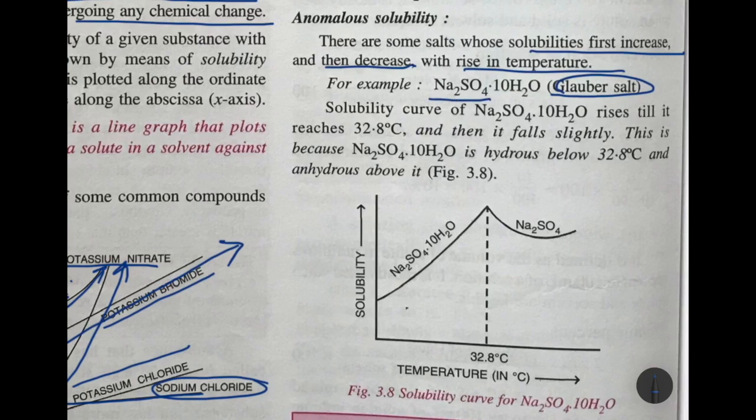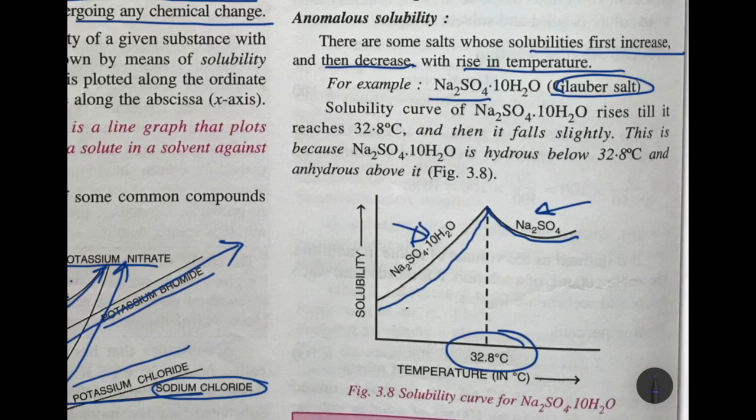So here you can see we are heating it, the solubility will increase until which temperature? 32.8 degrees Celsius. Then after that, you see it has dropped down, because here from hydrated crystals it turned into anhydrous. It does not have any water of crystallization now, okay.